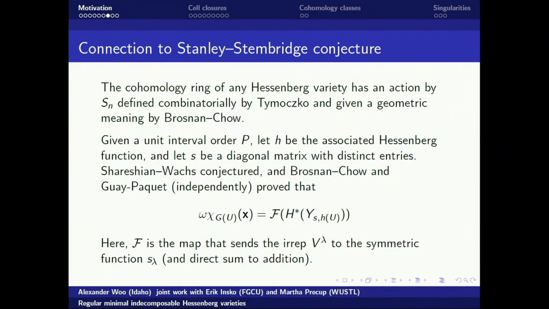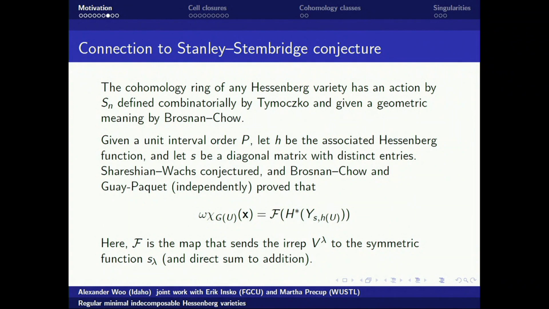Okay, so let me tell you what this has to do with chromatic symmetric functions of graphs. So Shareshian and Wachs conjectured, this is about 10 years ago now, a little more, and it was proven by Brosnan and Chow and independently by Guay-Paquet, that the chromatic symmetric function is exactly the Frobenius characteristic of the cohomology of the Hessenberg variety.